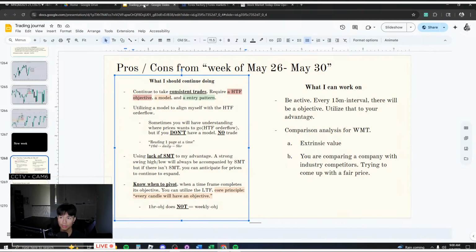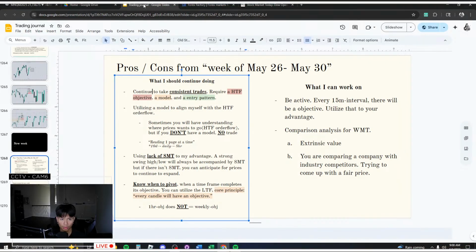Another example could be your higher time frame objective could be the hourly, your model could be on the 15-minute time frame, and your entry pattern could be on the 1-minute time frame. That's reading from page 1 to page 2 to page 3, not skipping all the way from page 1 to page 50, right? So that's the second pro.